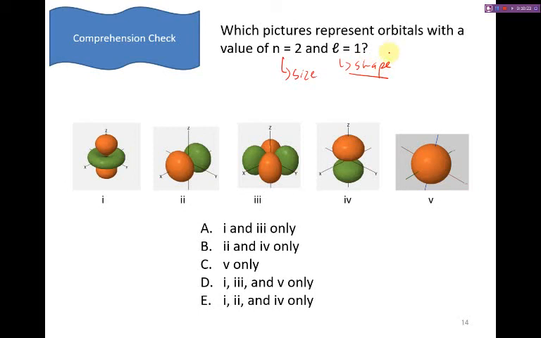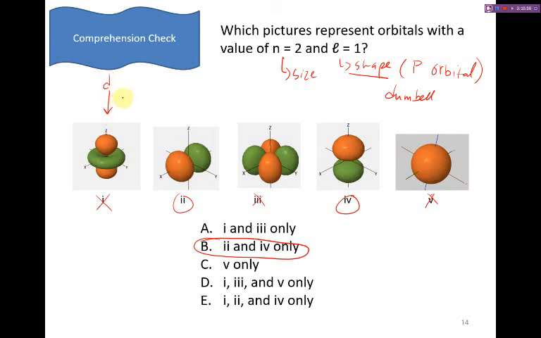If L equals 1, that means that it's a p orbital, and if it's a p orbital, then it looks kind of like a dumbbell. So that eliminates 5, 3, and 1. So 2 and 4 are our p-shaped orbitals.